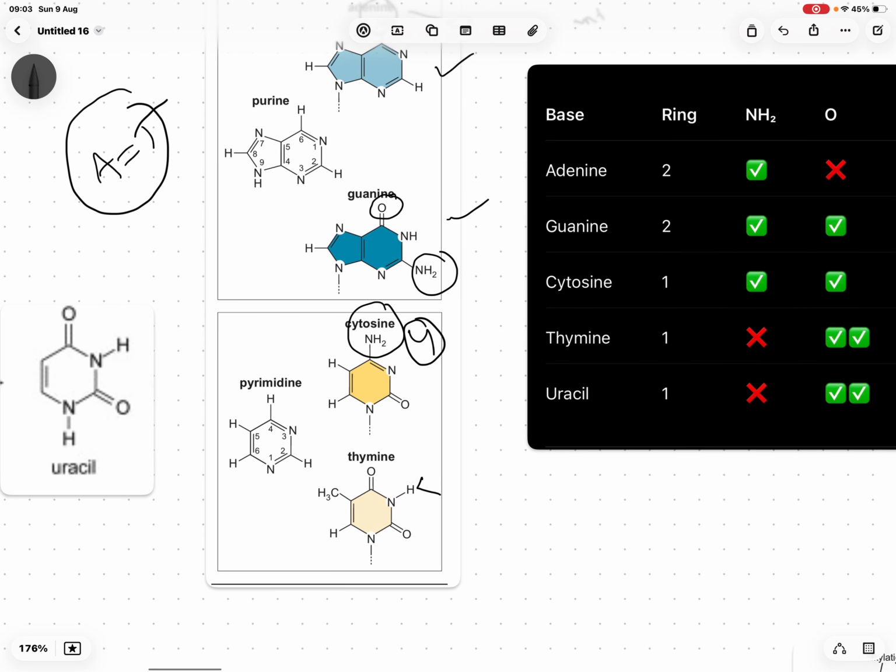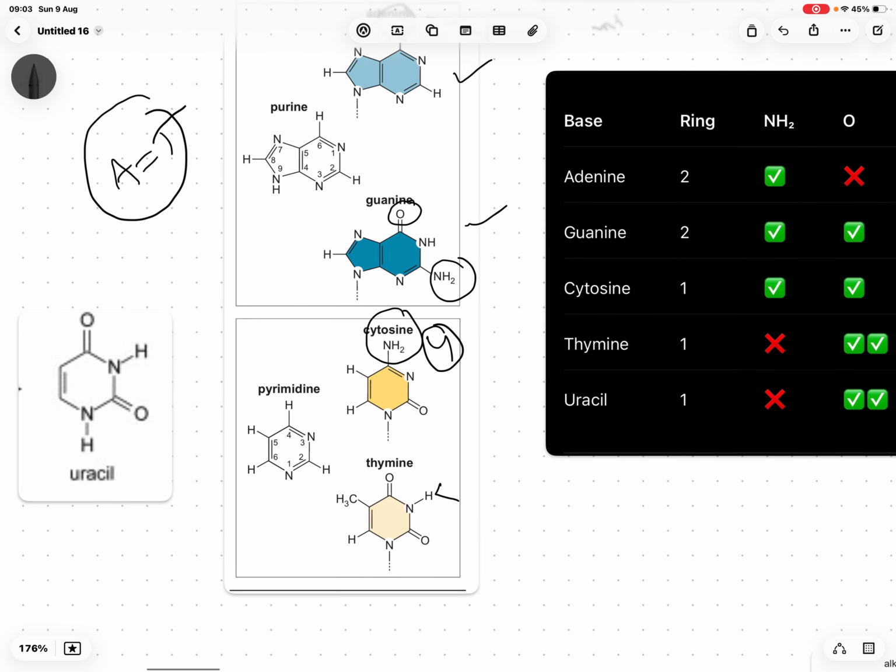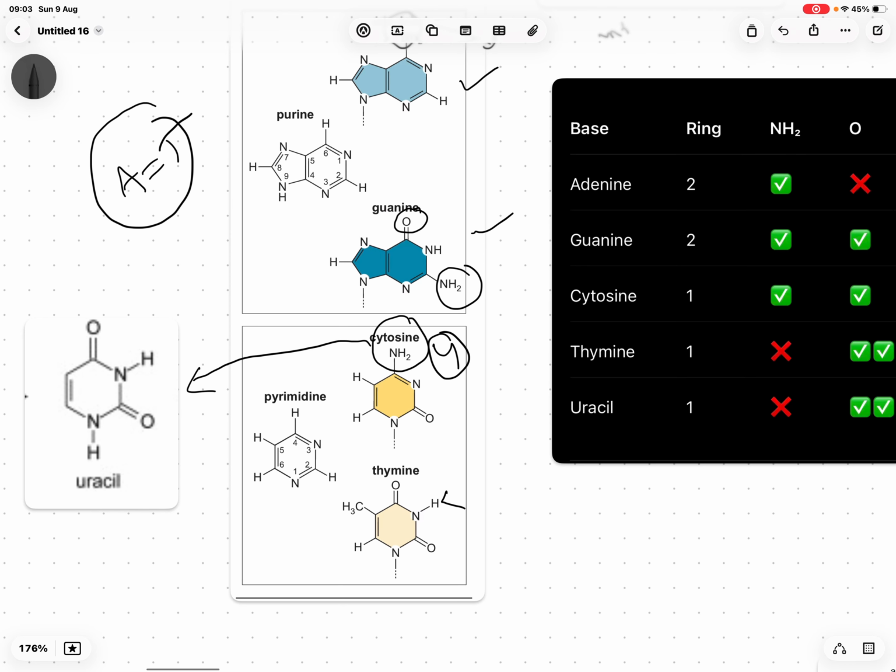The same amino group undergoes a similar deamination process in the presence of water, and the amino group is replaced by an oxo group, so cytosine is converted into uracil. So adenine converts into hypoxanthine, and cytosine is converted into uracil. Both hypoxanthine and uracil are abnormal bases.